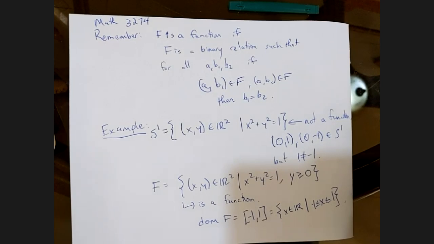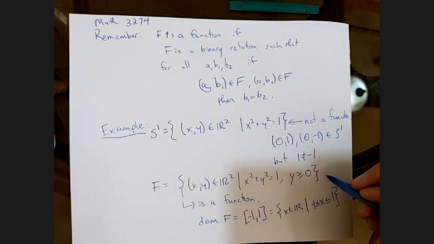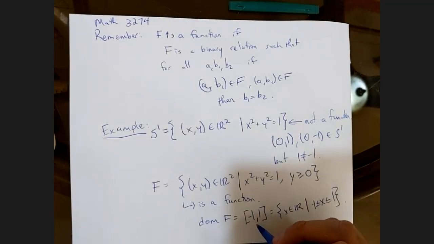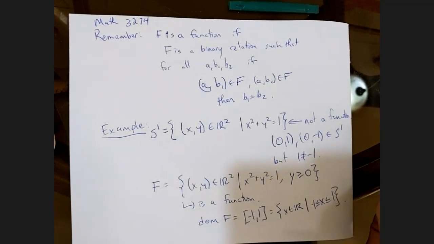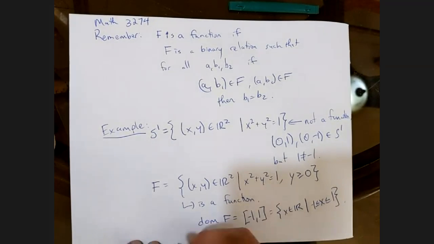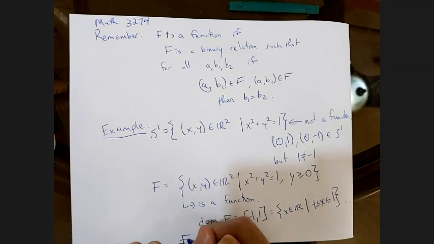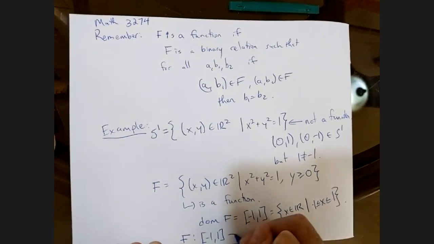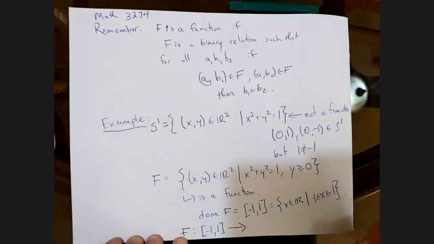Yeah, okay, so we see this f is a function, but its domain is just this interval, all the real numbers from -1 to 1. And to have notation for that, we might write f goes from [-1, 1] to, you could put a lot of different things for the codomain.